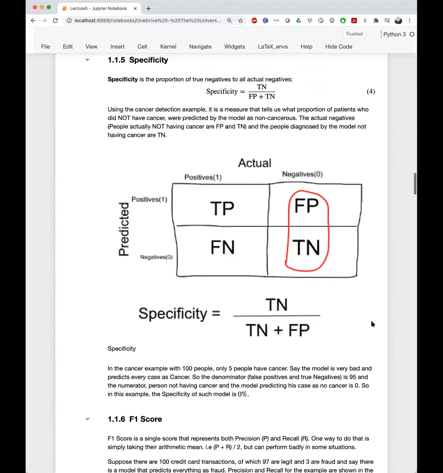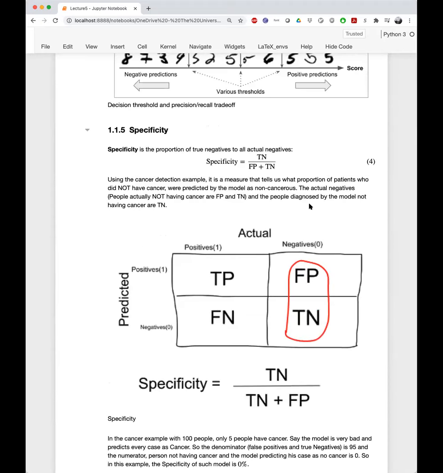All right, now let's go back to specificity here. The definition of specificity is true negative divided by false positive and true negative. So it's similar to recall here. Recall is true positive divided by the sum of the first column, and specificity is the opposite, right? That's the true negative divided by the sum of the second column.